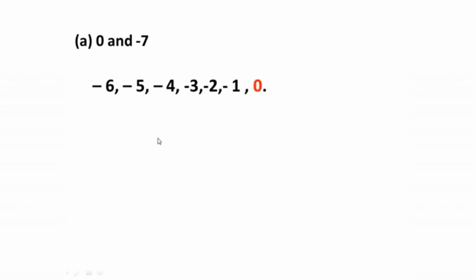If you see here, after minus 1, 0 comes. Once again I will show: minus 1, minus 2, minus 3, minus 4, minus 5 and minus 6. Altogether, between minus 7 and 0, the values are minus 6, minus 5, minus 4, minus 3, minus 2 and minus 1.